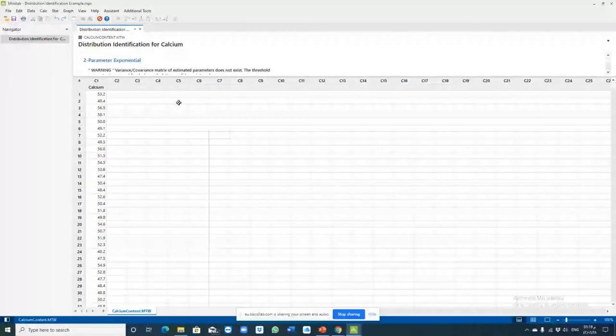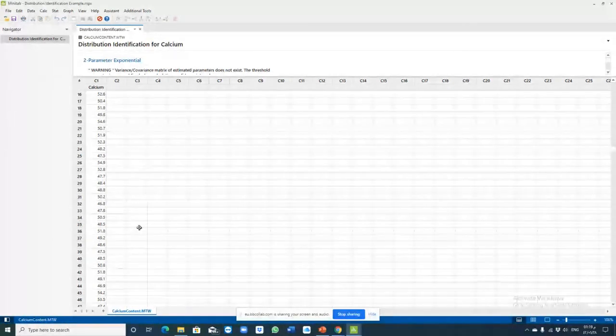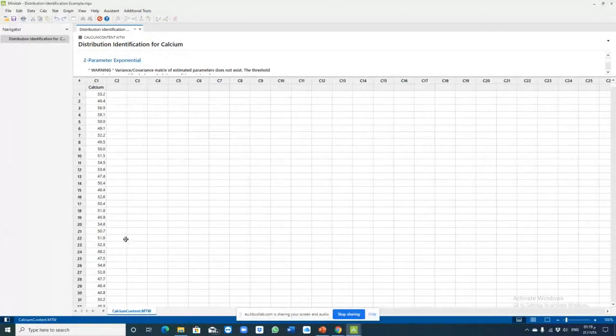This is the data as it is provided, and it represents the calcium amount in the capsules based on the sample taken, which was 50 capsules.